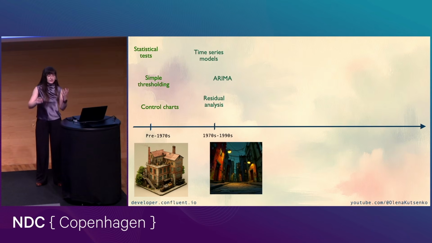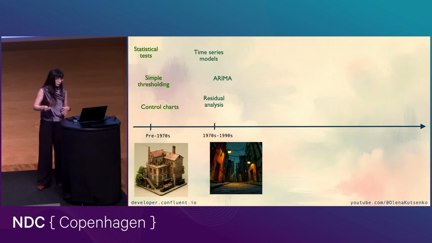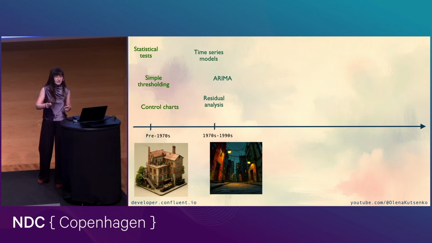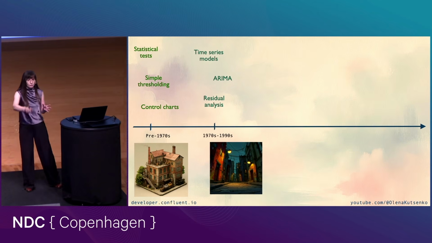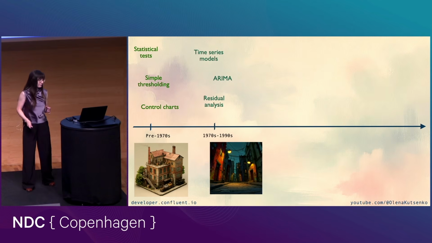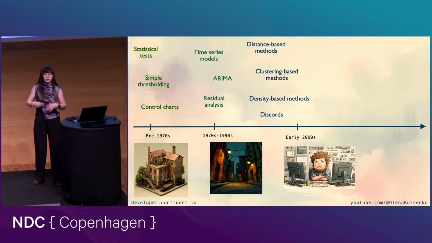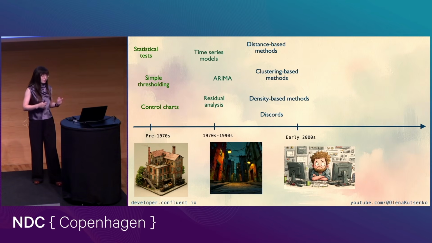However, those statistical models became more complex and were applied to find weird points in the data. So we got those time series models. There was also residual analysis and change point detection, to detect when the behavior changed, and the point of time when the behavior changed.